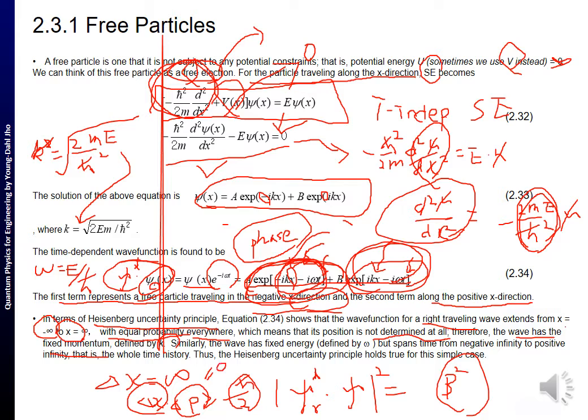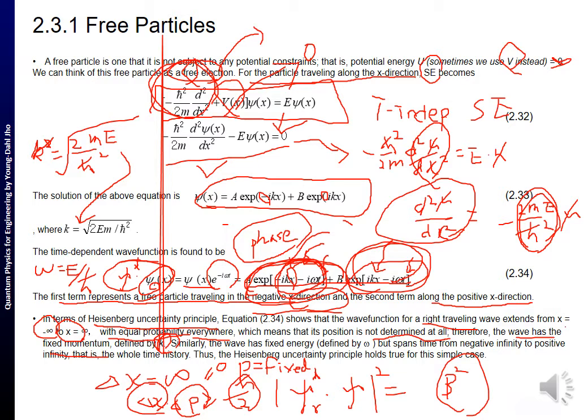Then delta p should be 0. Delta p is 0, it means momentum p is fixed at k. So that's why we have a definite value of k.